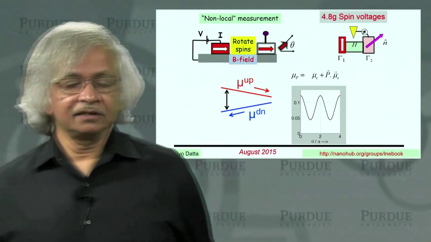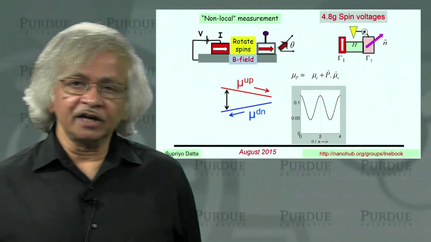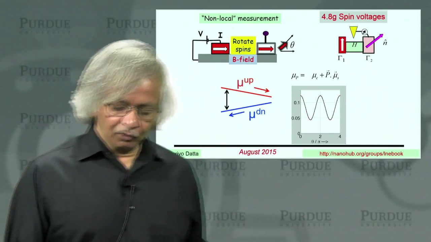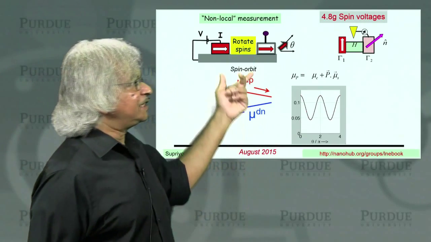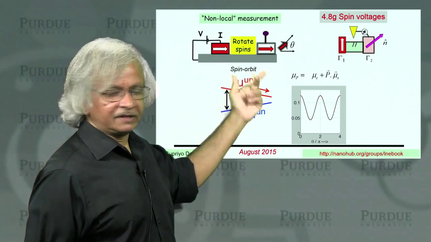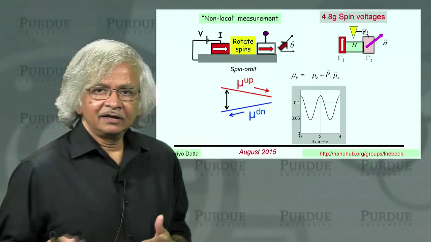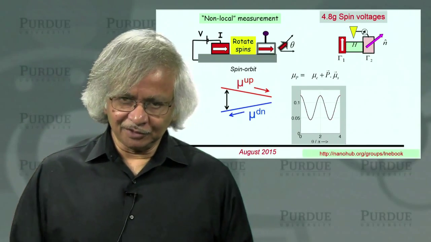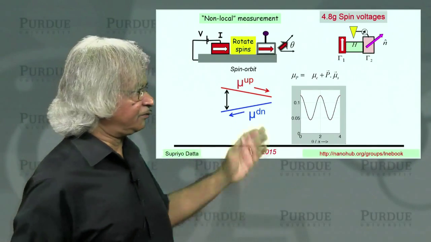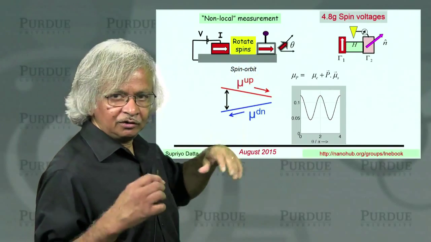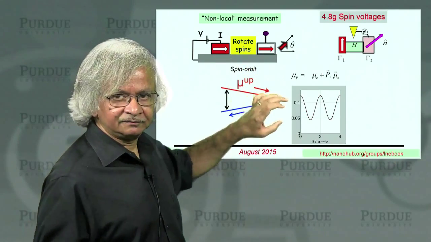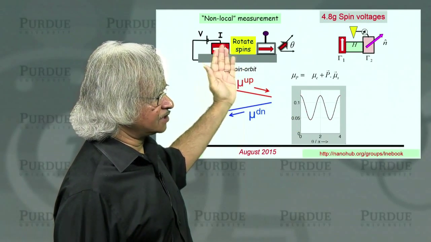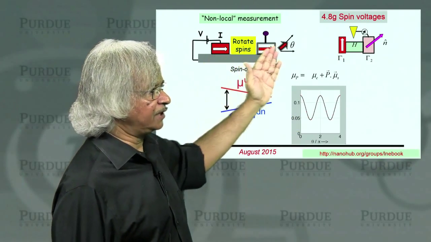The more recent experiments are where you have rotated spins, not with a B field, but with a gate voltage that changes the spin-orbit coupling. Spin-orbit coupling, as we discussed, gives an effective B field, which depends on the direction the electrons are flowing. And if you can control the spin-orbit coefficient, then you can change the degree by which the spins rotate in getting from one place to another.